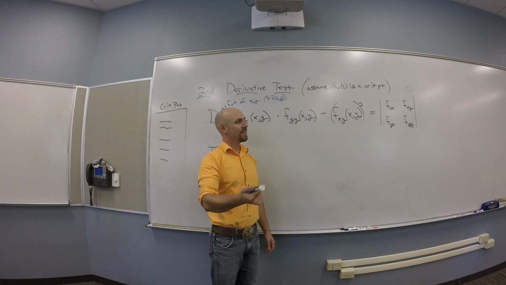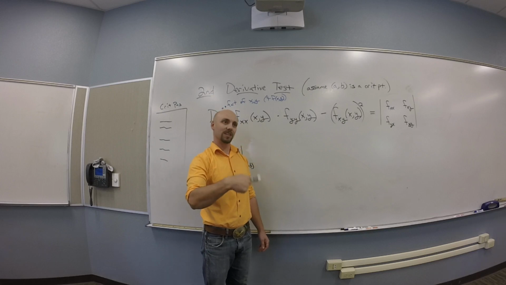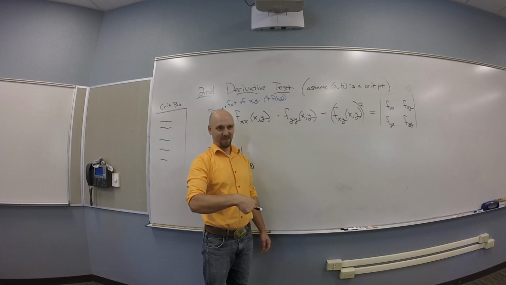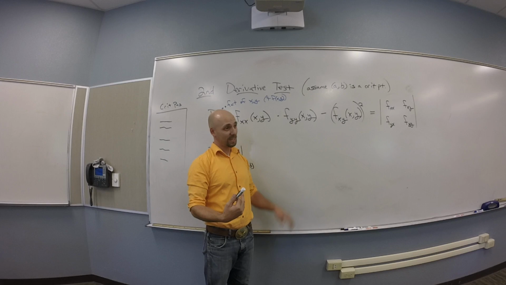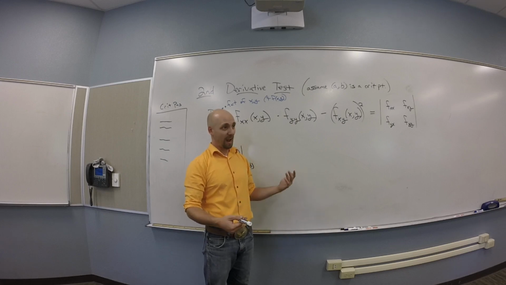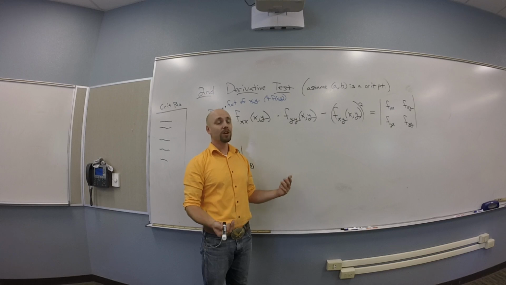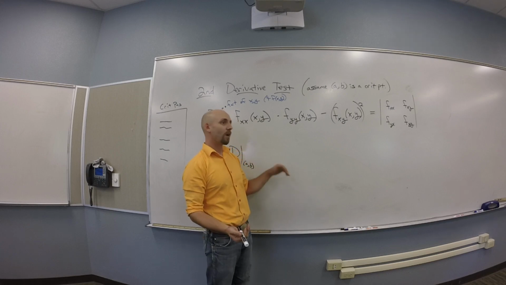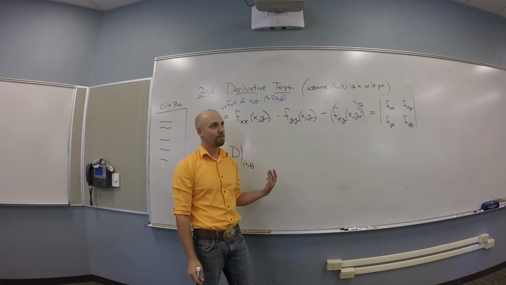If I got this thing as a critical point because the first derivatives weren't defined there, I'm not going to get a second derivative there, right? So this is going to be good for the ones where the tangent plane's horizontal, not for the ones where the tangent plane is all jacked up. What are you going to do when you've got one of those spots? Look at the graph.